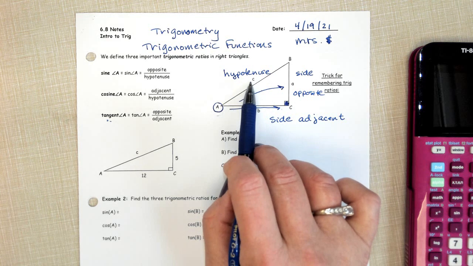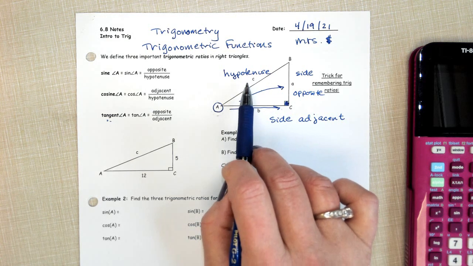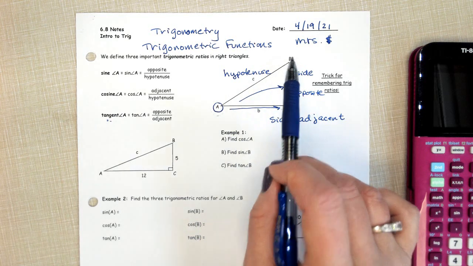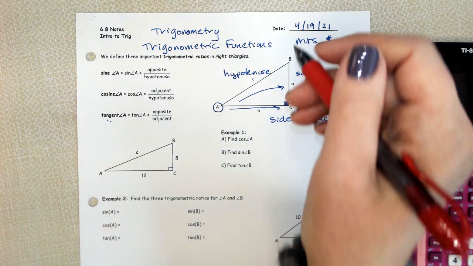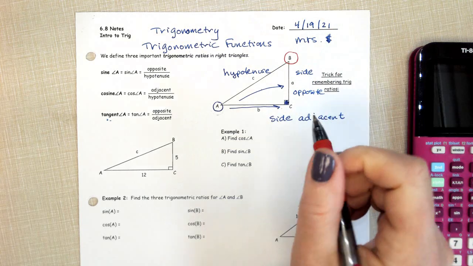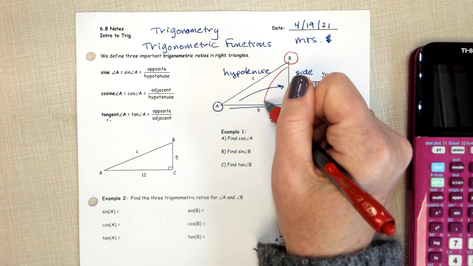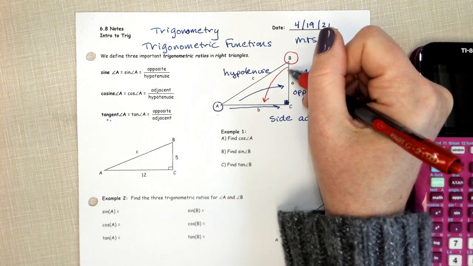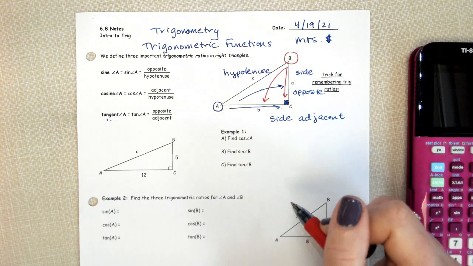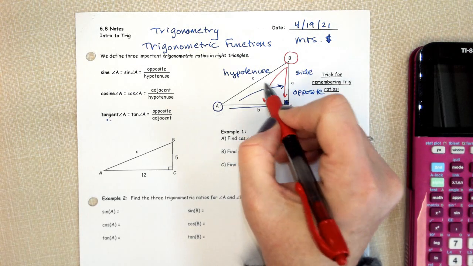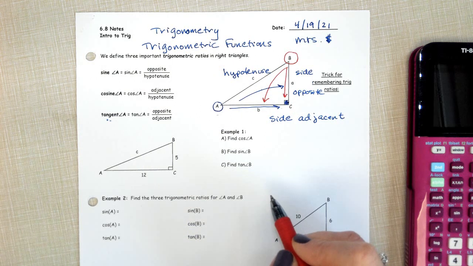It cannot be both. So from any angle, okay, let's say I went from B, now everything would reverse. This would be the side opposite. This would be the side adjacent because this is still the hypotenuse.